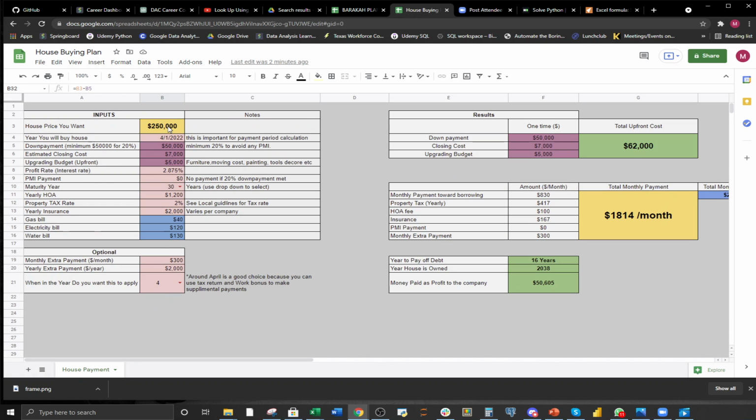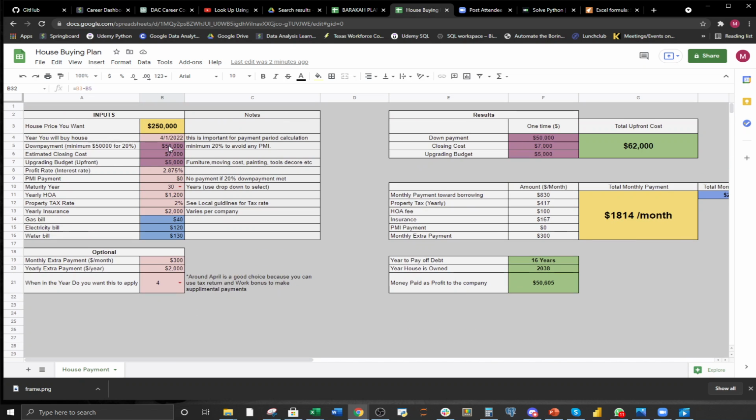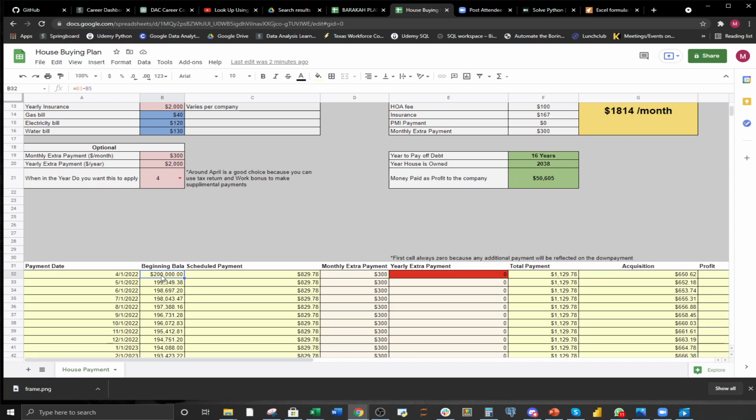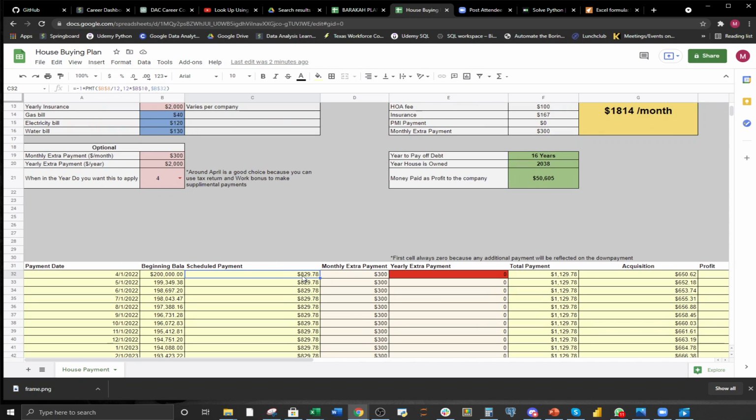Remember, even though the house price is 250, you're not going to be borrowing that. Basically, you're going to be paying off some of it. So that's your beginning balance. And then the scheduled payment, which is already calculated here for the monthly payment. So here I'm only showing the amount that goes to the borrower.